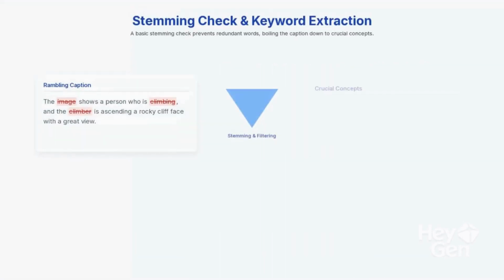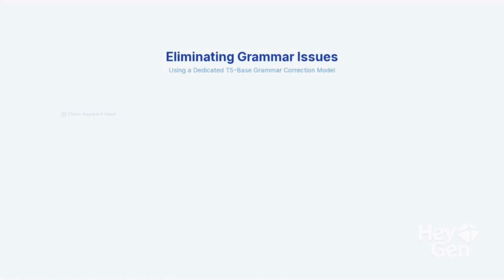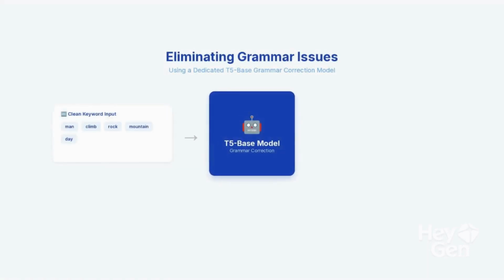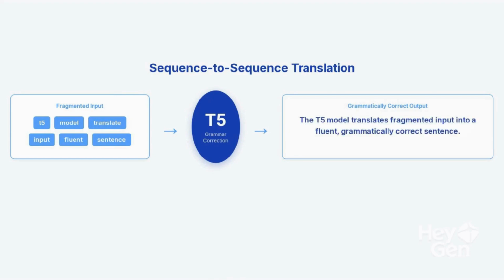More importantly, a basic stemming check prevents redundant words, boiling the rambling caption down to a tight, 6-word maximum list of crucial concepts. This keyword list becomes the clean input for the next stage, where we eliminate grammar issues using a dedicated T5-based grammar correction model. The T5 model treats grammar correction as a sequence-to-sequence translation task, taking fragmented input and translating it into a fluent, grammatically correct sentence.